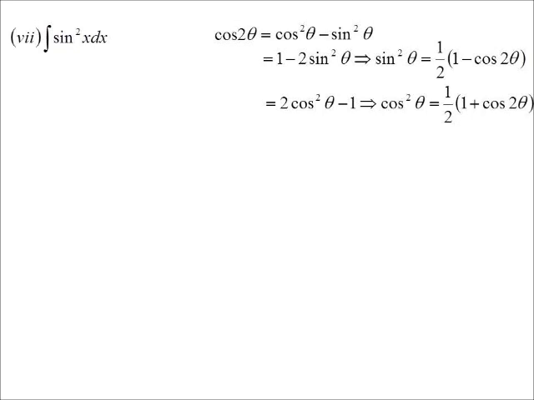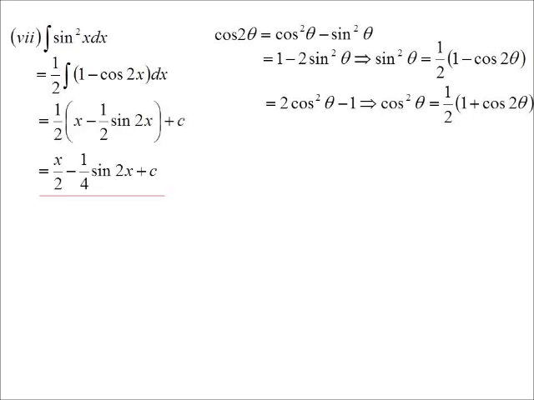But what it allows us to do is to integrate that sine squared, because I can get rid of the squared now and say, well, that's a half of 1 minus cos 2x. And now I've just got cos of a linear function. So the 1 integrates to just give x, and the cos goes to sine, but there's a negative there. 1 over the coefficient of x, so 1 over 2.